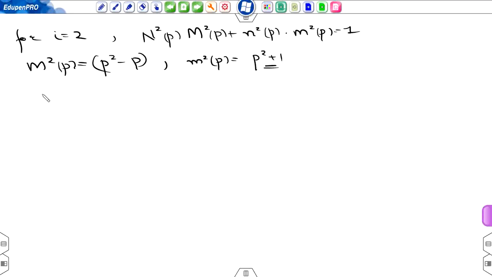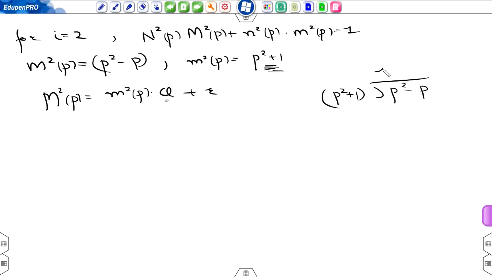Okay, so I will represent capital M2p as a product of small m2p multiplied by some quotient plus remainder. So for this I will divide p square minus p by p square plus 1.